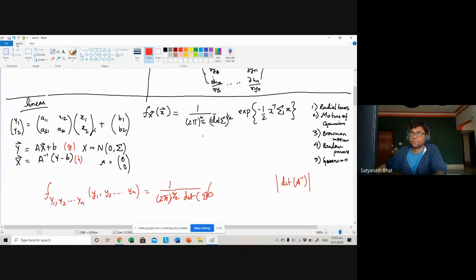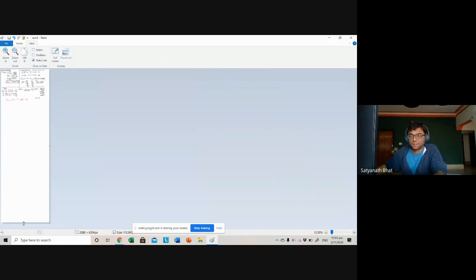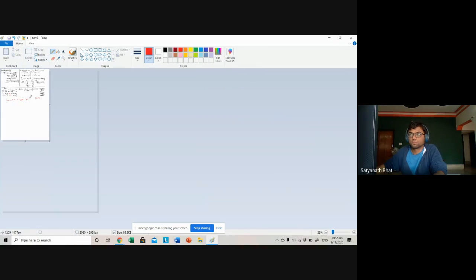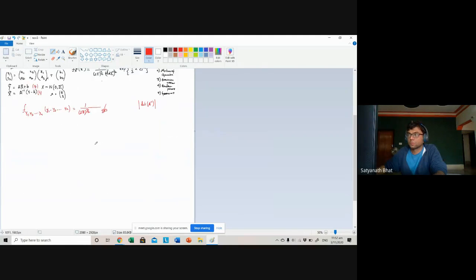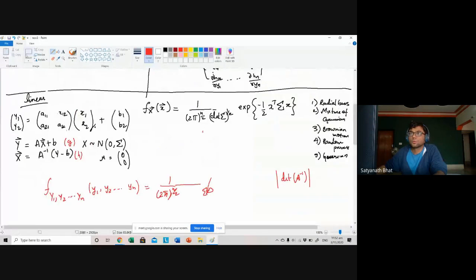Let me try to reduce my memory usage. Maybe this is something this device cannot manage. Let's try once again.